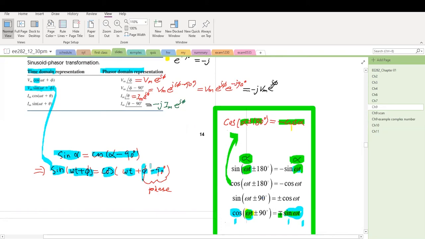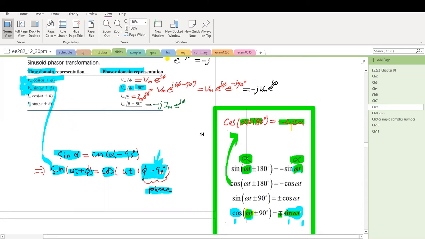So the whole term is the phase now. What's the phasor? That will be magnitude Vm, and the phase will be phi minus 90 degrees. That's this term. So this is the phasor of Vm sine omega t plus phi.